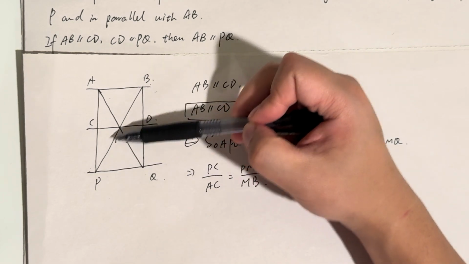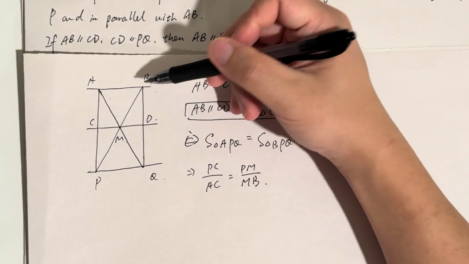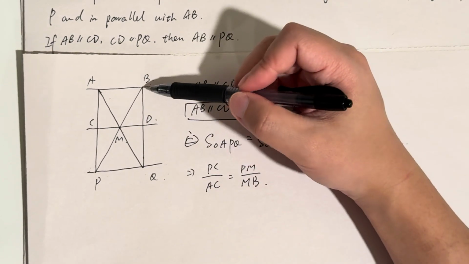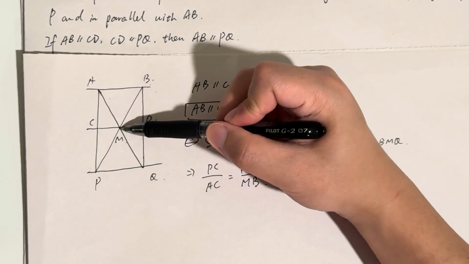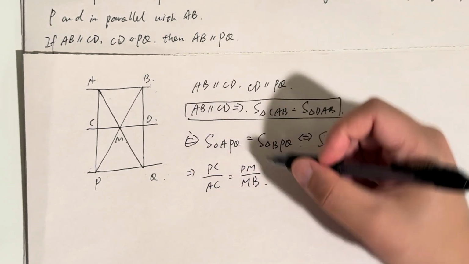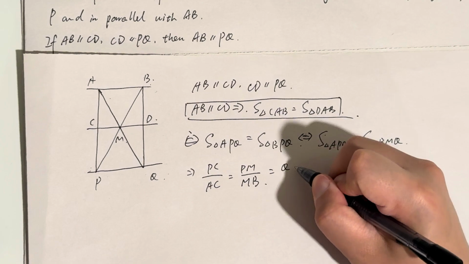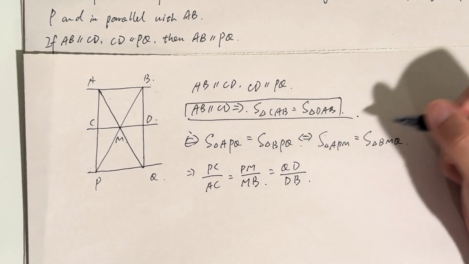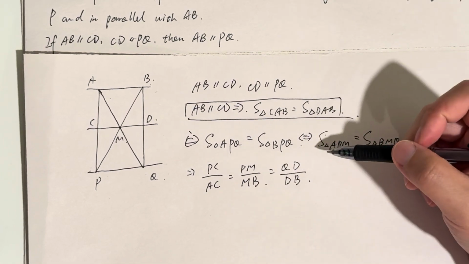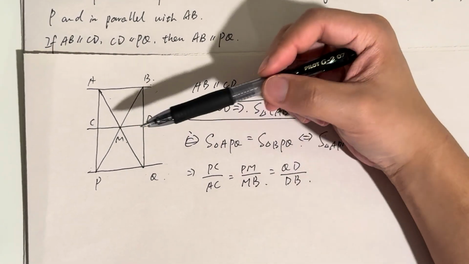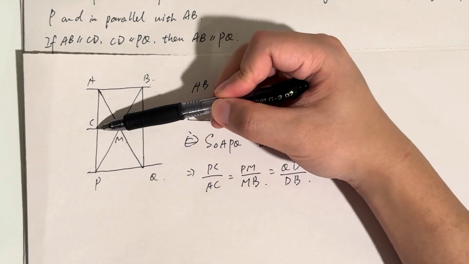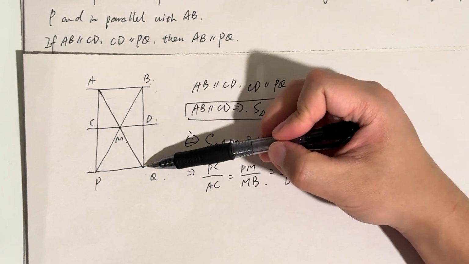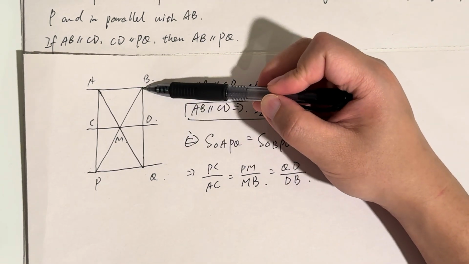Okay, and because B is a point out of CD and PQ, we know that PM to MB equals QD to DB, right? That's all what we just learned. So we get that PC to AC equals QD to DB.